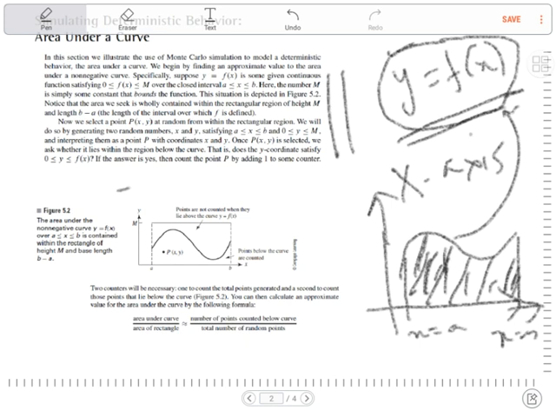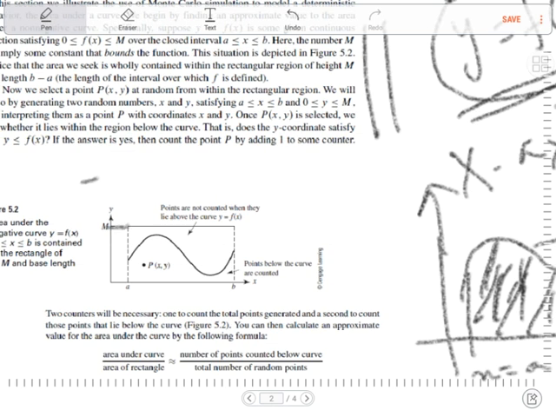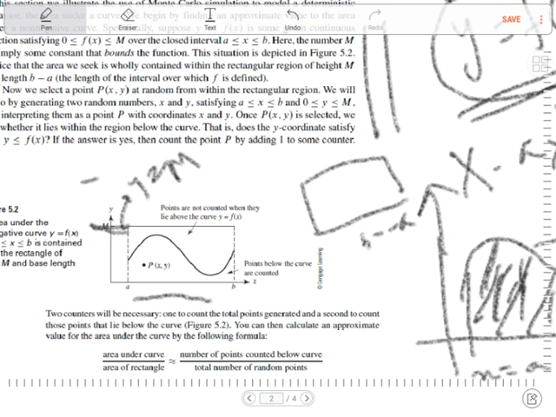What is m? It is y equal to m. Now consider a rectangle with breadth b minus a and length m.